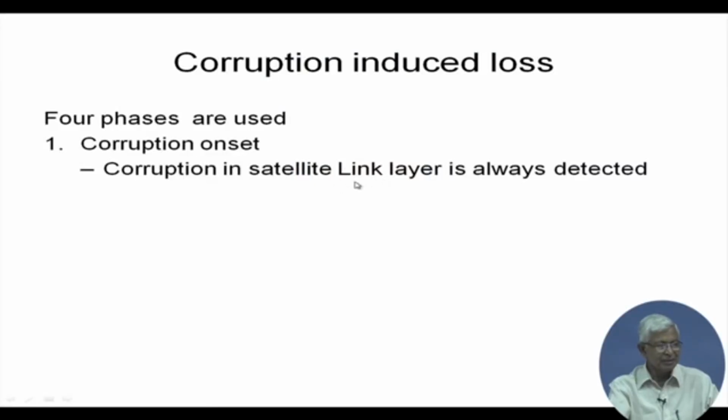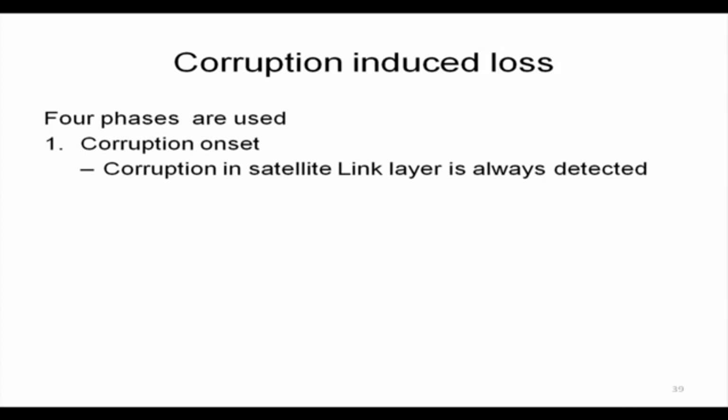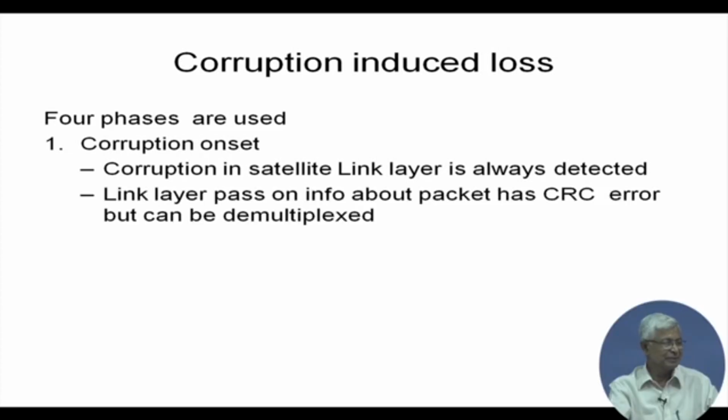The corruption started, that is, noise has occurred, and the link layer finds out. If this information is passed on to the higher layer, then the higher layer can understand that it is not congestion, it is corruption. So the link layer passes on information about the loss, that the packet has a CRC error. CRC is cyclic redundancy check.